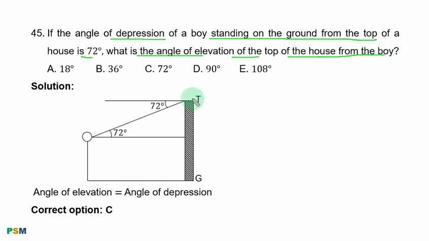You have the building, then the boy. An object is here, could be anything. Try to look at the boy, hence the angle formed with the eye level is angle of depression, and that angle is always equal to angle of elevation. The correct option is C.